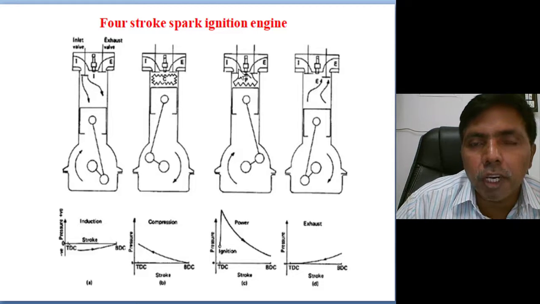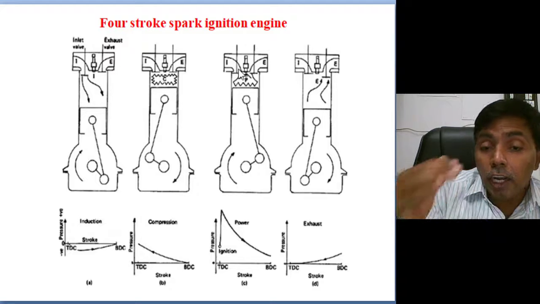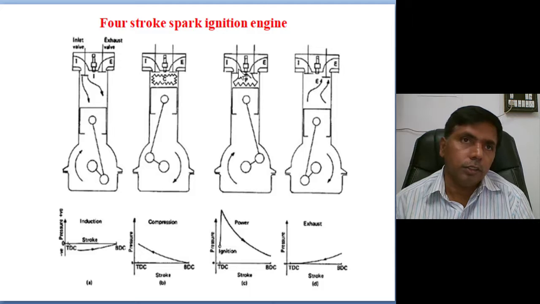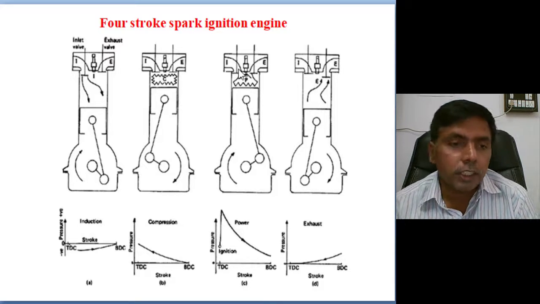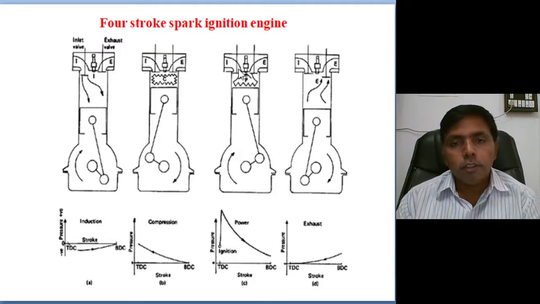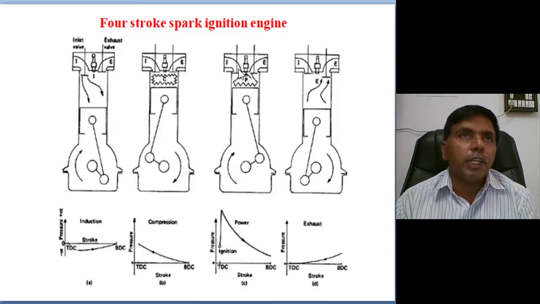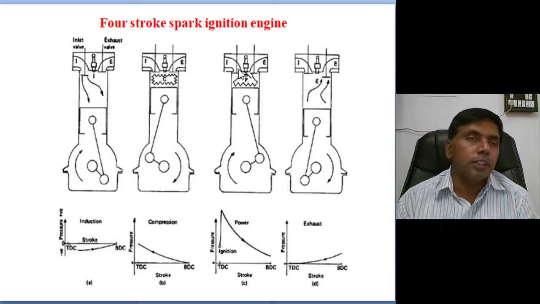So we give the spark maybe 20, 15 or 30 degrees before TDC, and only after that do we get complete combustion. The actual valve timing diagram we will discuss in the next class after completing this one. So the valves and spark plug will not act exactly at TDC, and will not close exactly at BDC.